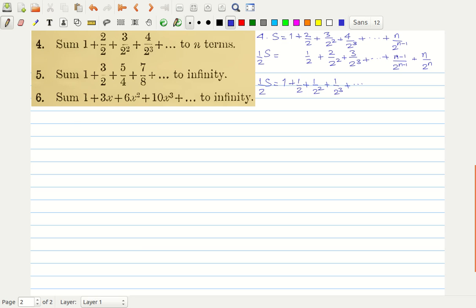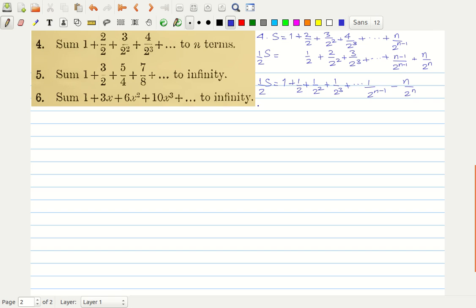So n minus 1 is 1 divided by 2 to the power n minus 1, and this will be negative n by 2 to the power n. Now you can see that 1 plus 1 by 2 plus 1 by 2 square up till 1 divided by 2 to the power n minus 1, this is a geometric progression of n terms.